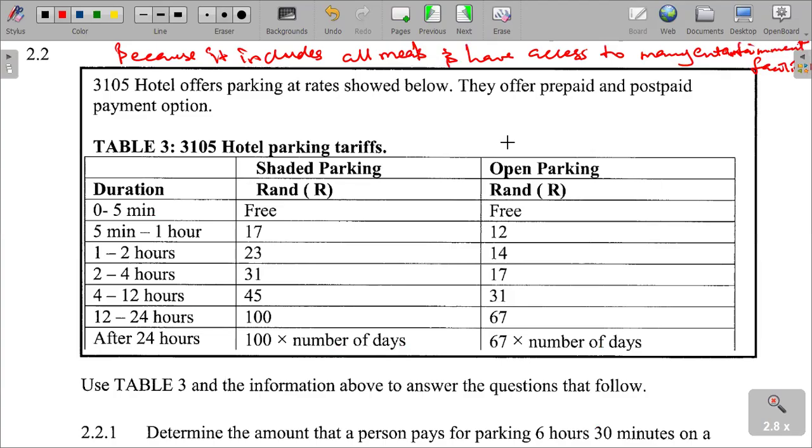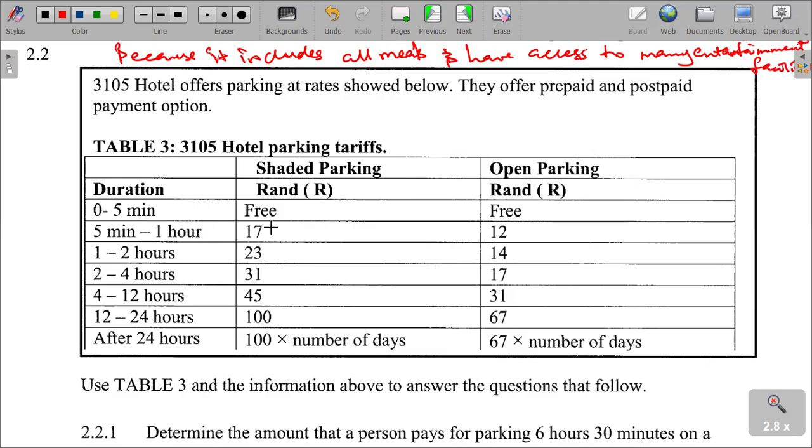The 3105 hotel offers parking at the rates shown below. They offer prepaid and postpaid payment options. And then the hotel parking tariffs: 0 to 5 minutes is free.